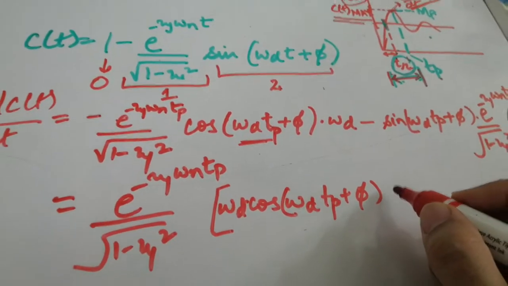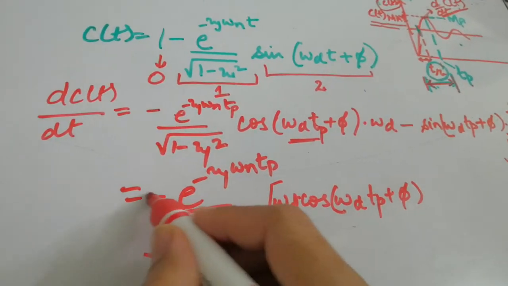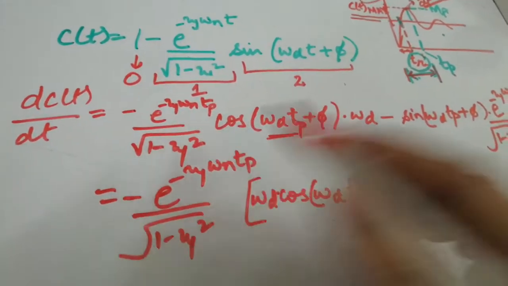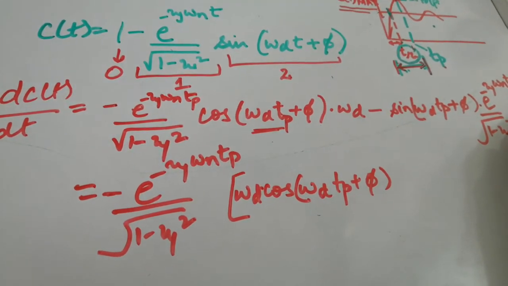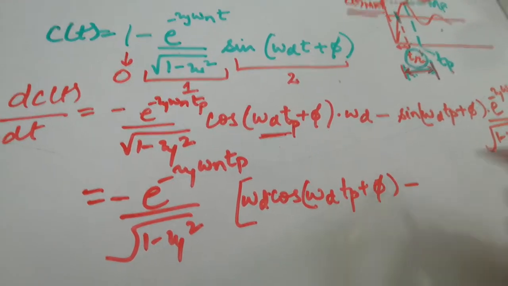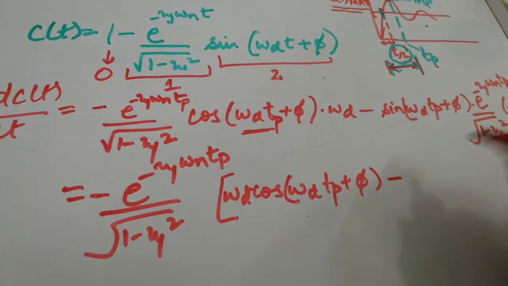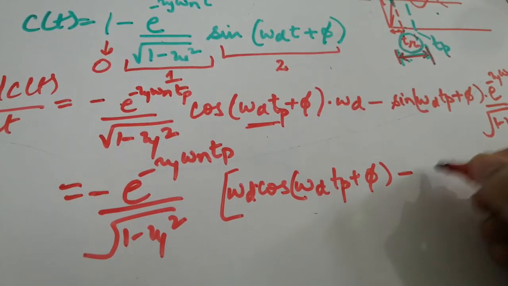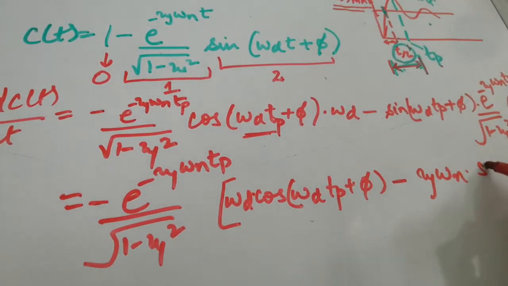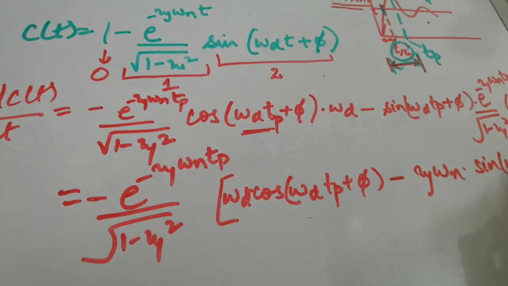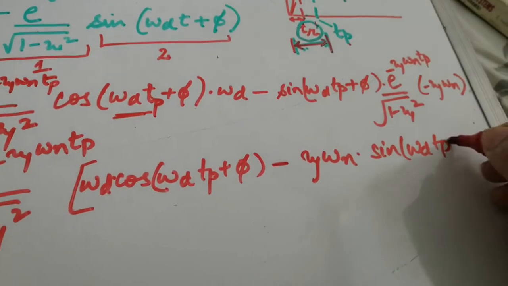So inside it, let's take minus out here. So this minus minus goes out. If I put plus here, my minus is still there, so I have to put a minus sign here. So it will be equal to zeta omega n multiplied by sine of omega d tp plus phi, right?